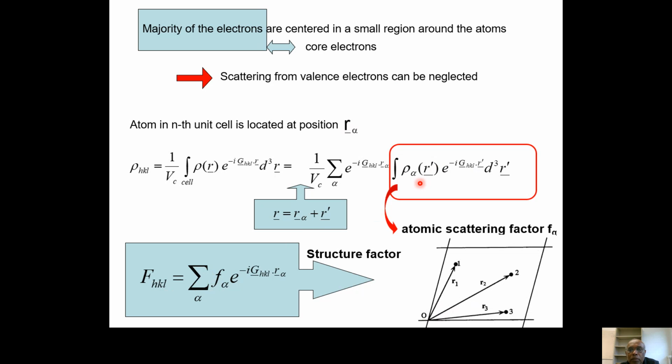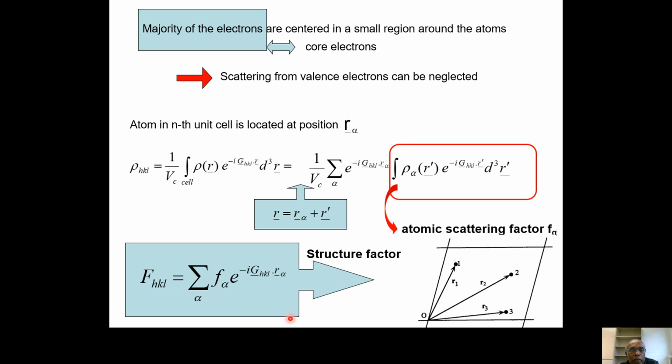So if I write that way, this whole thing becomes what we call F alpha. So that F alpha considers the position of that unit cell. Then you have to add for all the alpha. So that means this is with respect to that unit cell.